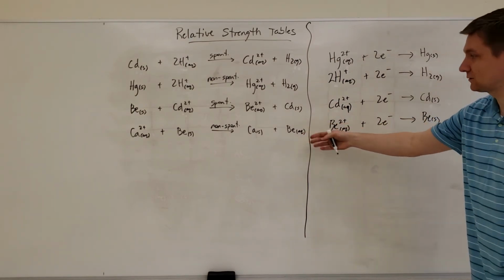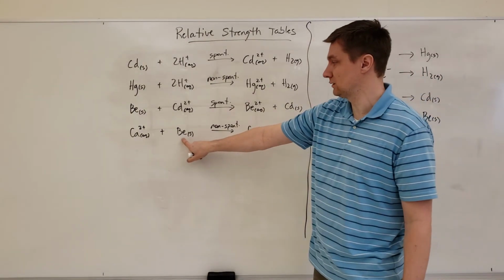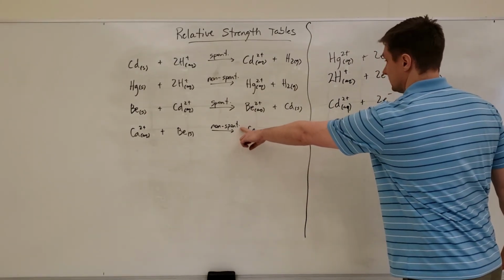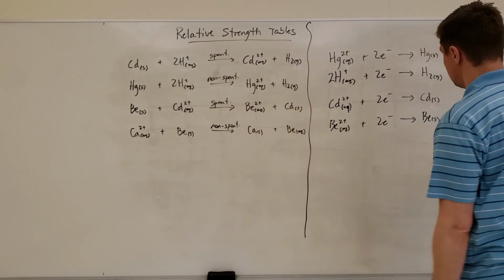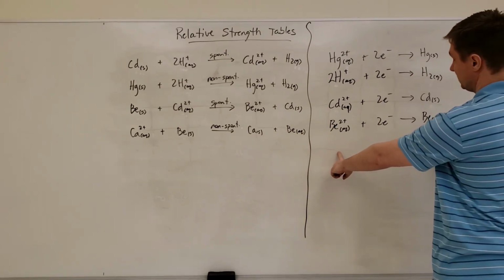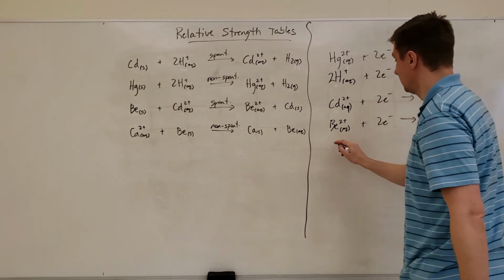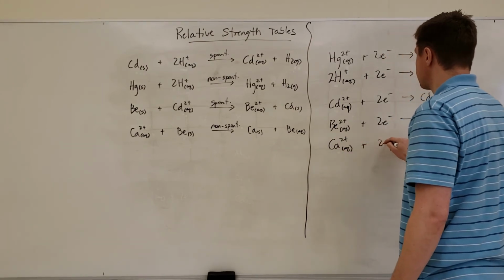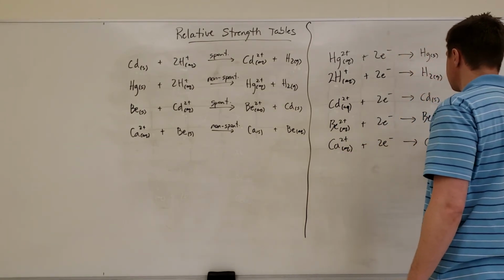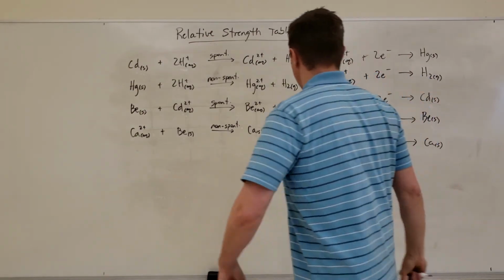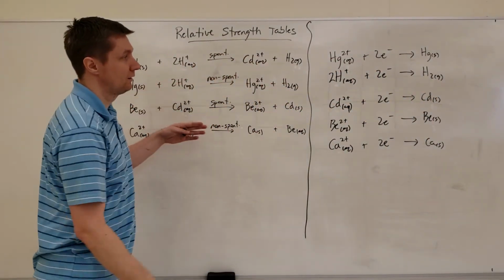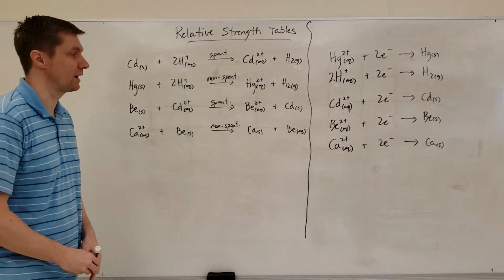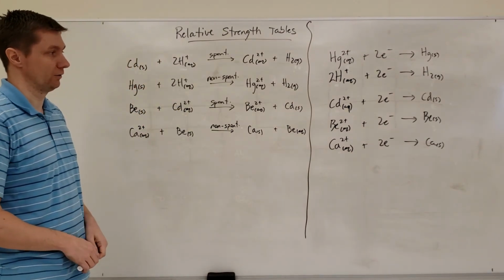Then finally the last one here, again Be solid is my reducing agent and it reacts non-spontaneously with Ca2 positive, which means Ca2 positive needs to be below. So I'm going to write it below like this. And using this information right here, I can now have made my reduction half reaction table over there.